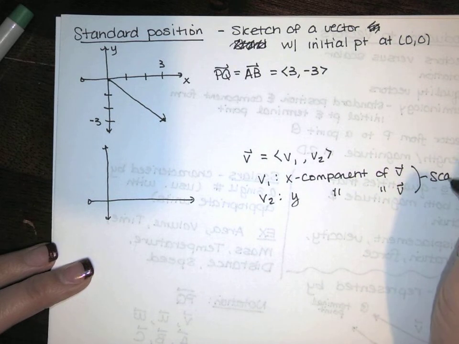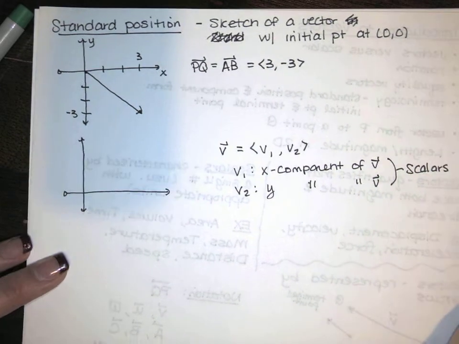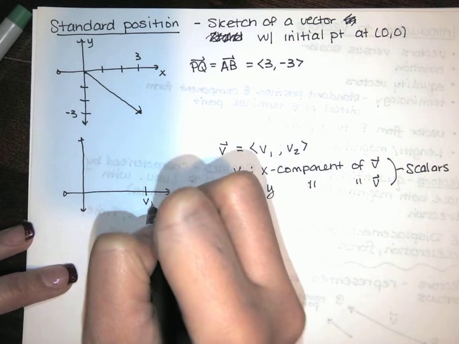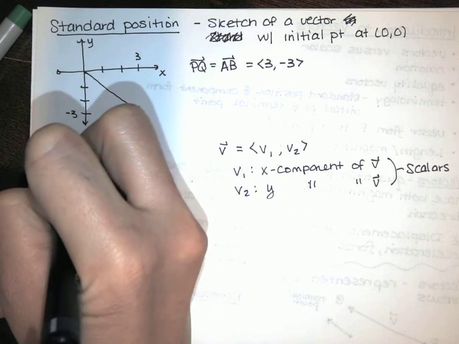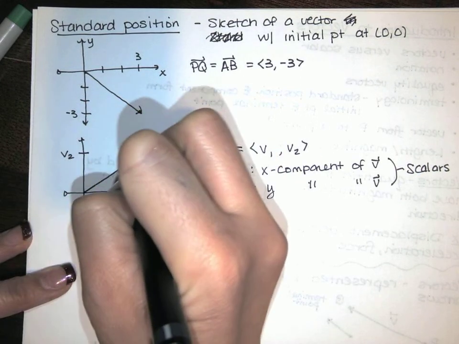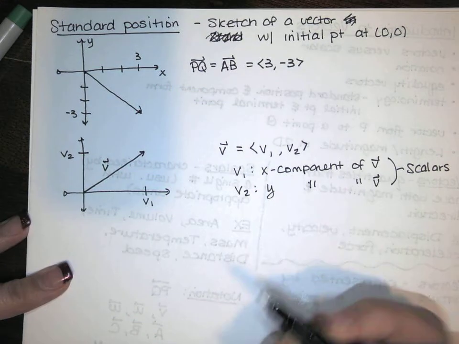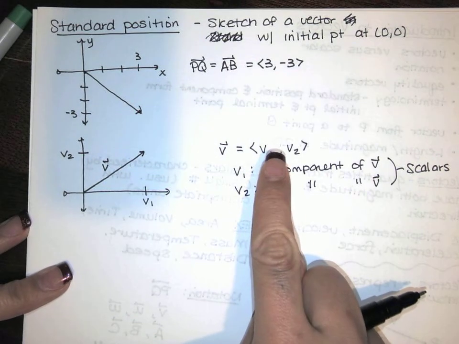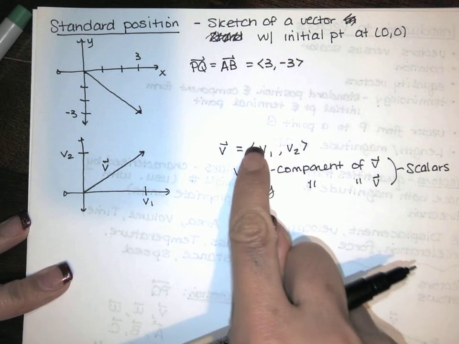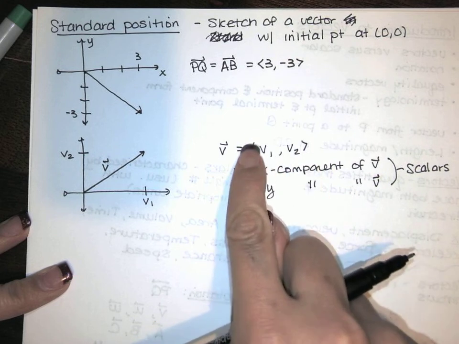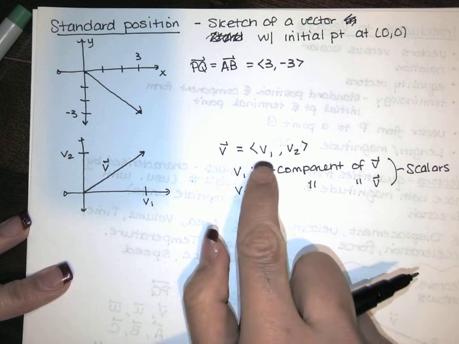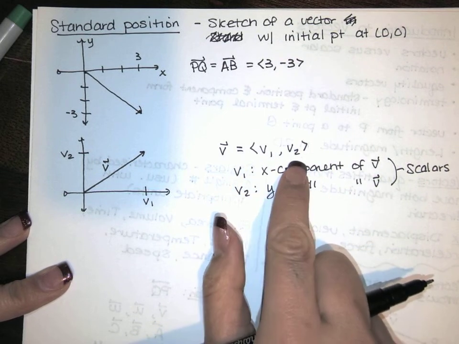They're just numbers, also known as scalars. We've got v1 units in the x direction, v2 units in the y direction. That's what v looks like. So when I see this v1, v2 with these little arrow looking things on either side, that is component form for a vector.